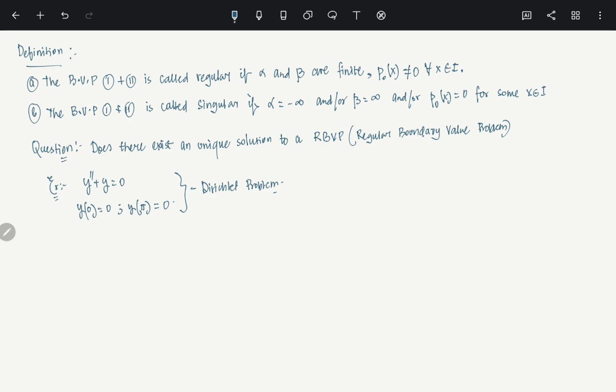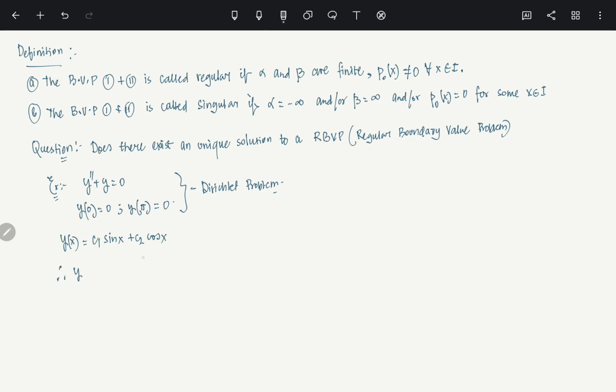Now, what is the solution of this problem? A general solution y of x looks like c1 sine x plus c2 cosine x. Now if you put the first data, y of 0 equals 0, you get c2 equals 0, and when you put the other data, y at the point pi equals 0, then also you get c2 equals 0.